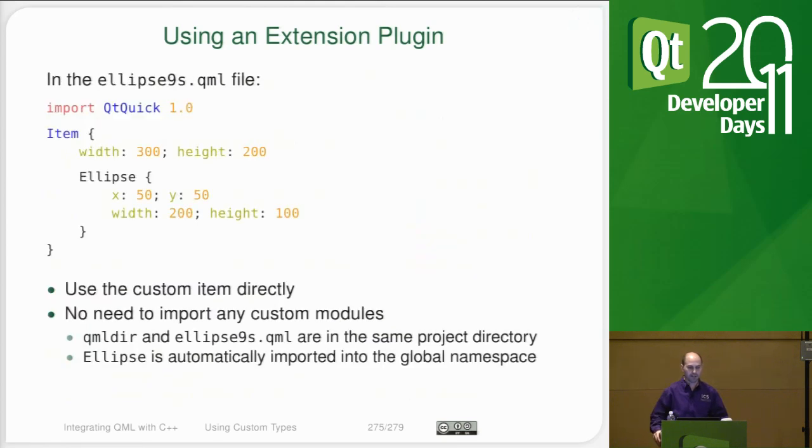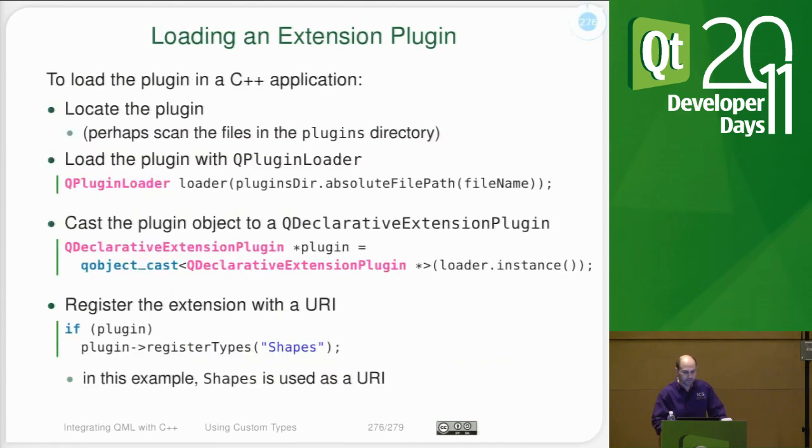So here's an example of using the ellipse. And if the QML dir and ellipse 9 are in the same directory, then you don't need to import your own module, is pretty much the point of this slide, because ellipse 9 is actually a QML file that's being distributed with our plugin.